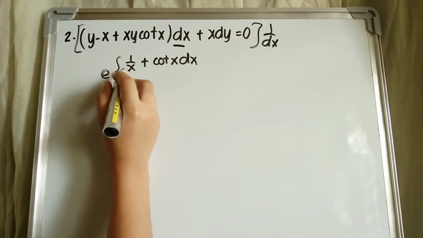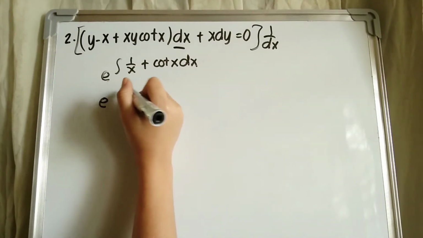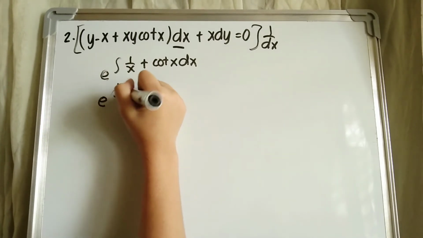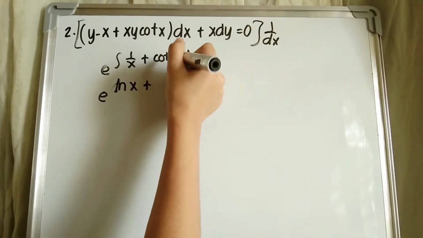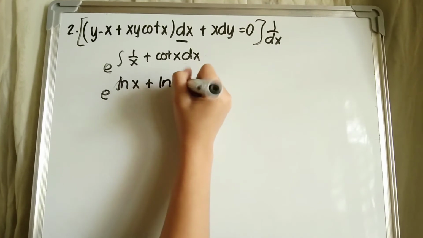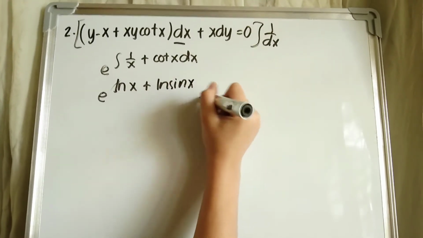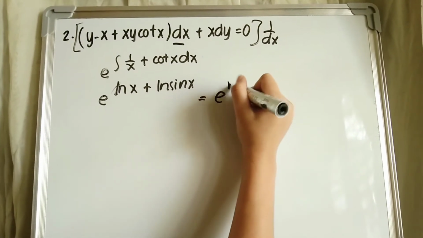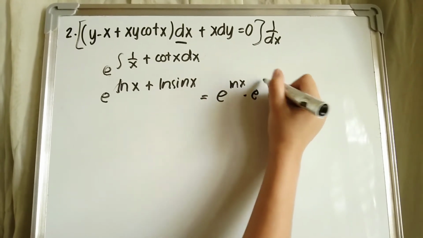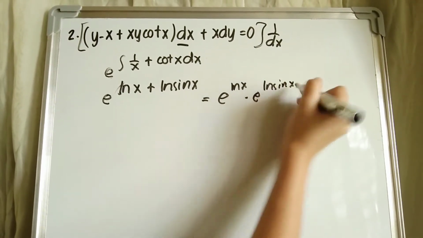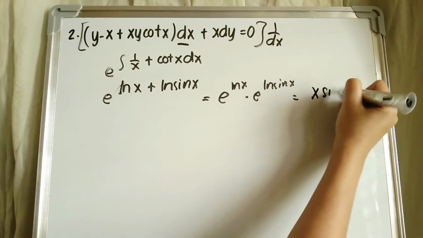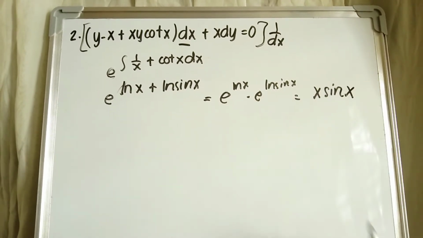So the integral of 1 over x is ln x, and the integral of cot x is ln sine x. So this is equal to e raised to the power of ln x times e raised to the power of ln sine x, which is equal to x times sine x.